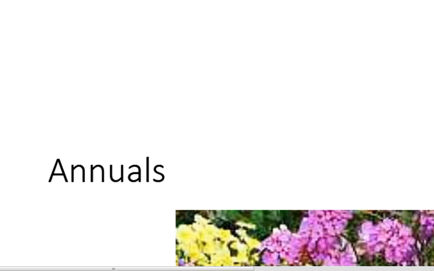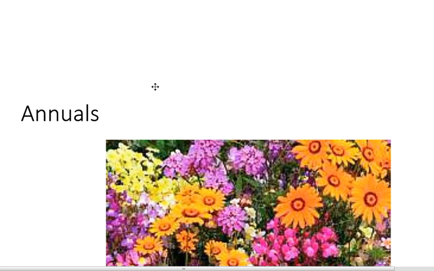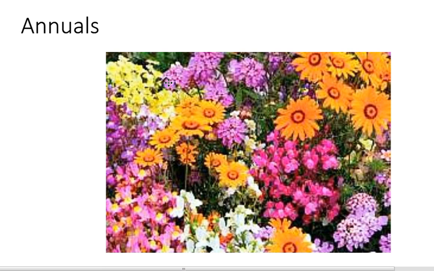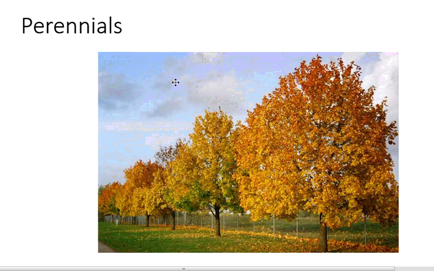A couple other terms. Annuals versus perennials. An annual is a plant that goes through its entire life cycle in a growing season with only the seeds remaining. So the plant just withers away but leaves its seeds for the next generation. Whereas a perennial has root systems that remain intact between growing seasons.